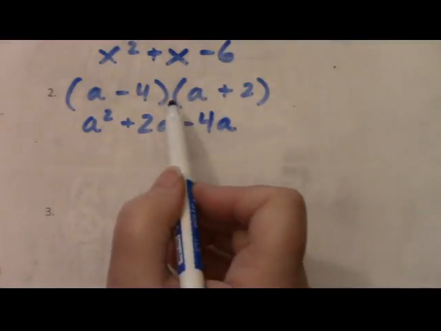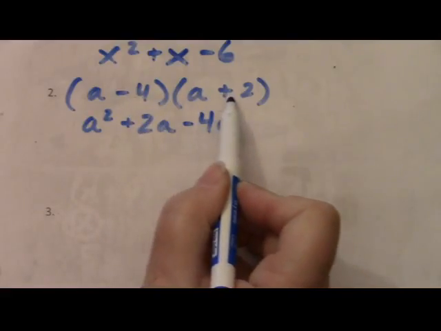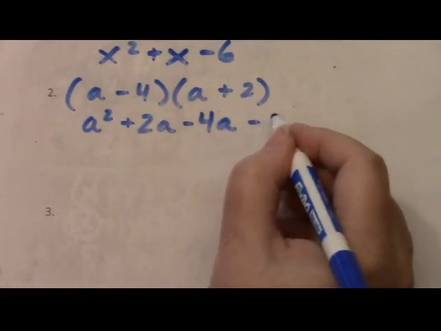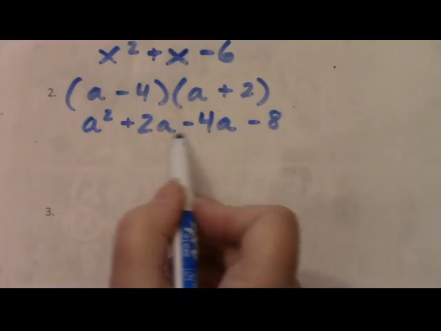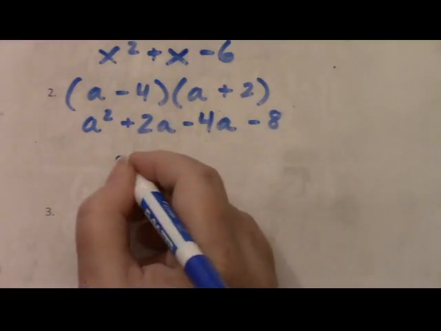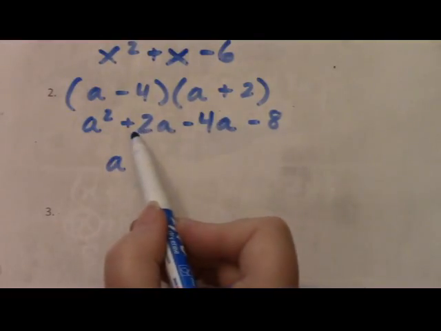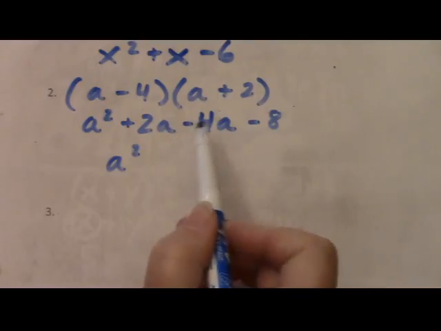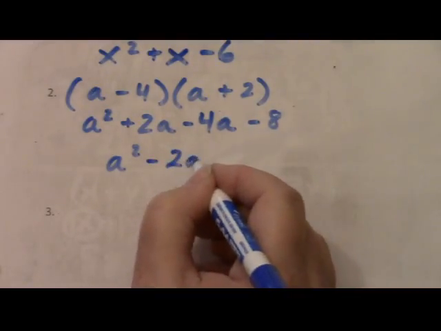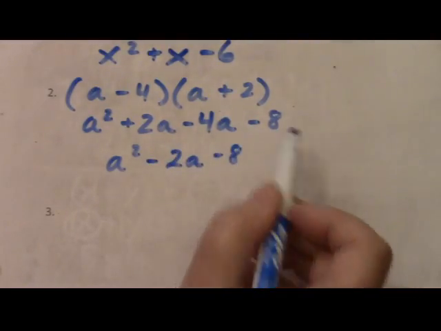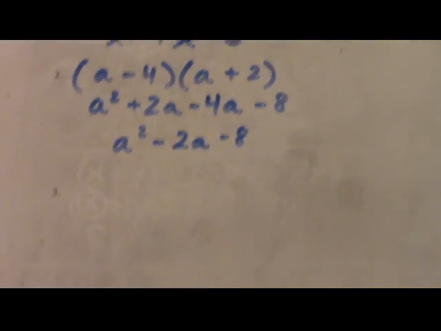And last, -4 times a +2 gives me a -8. Combine my like terms, I end up with A squared, plus 2 minus 4 is -2A, and then my -8. And there we have it.